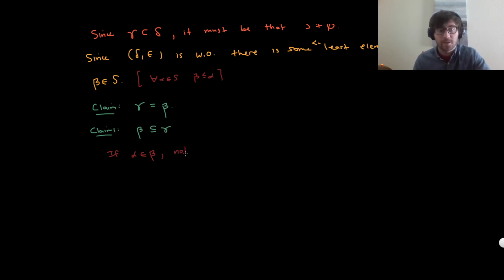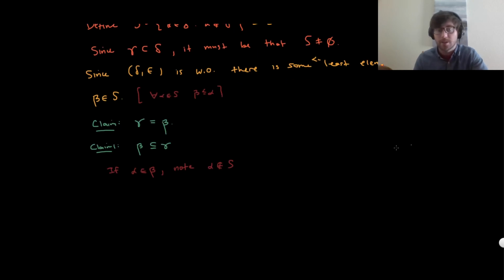And so note that alpha is not in S. Because, just writing out what it means for beta to be the epsilon least element of S, every element of beta can't be in S. What does it mean to be in S? It means that you're in delta.